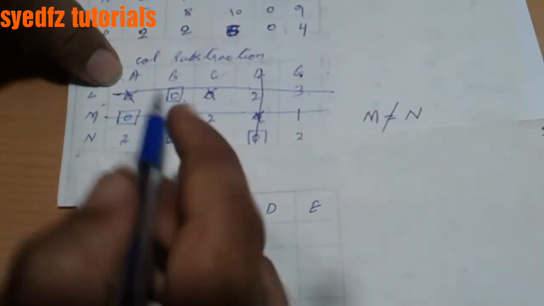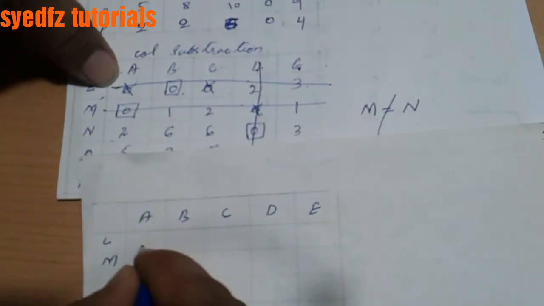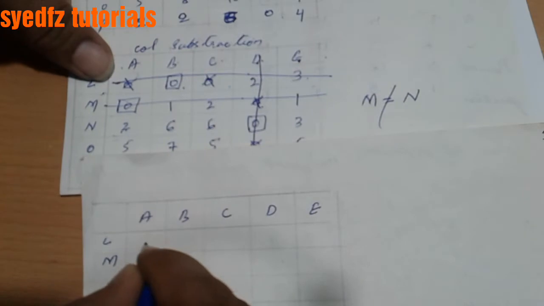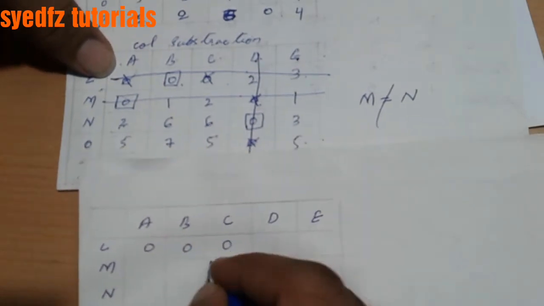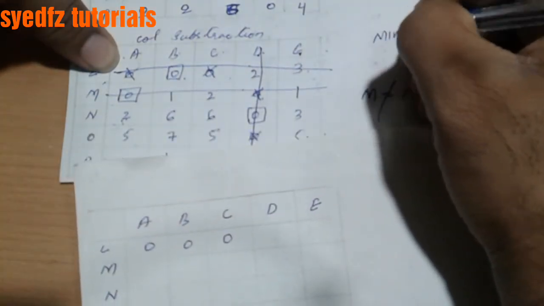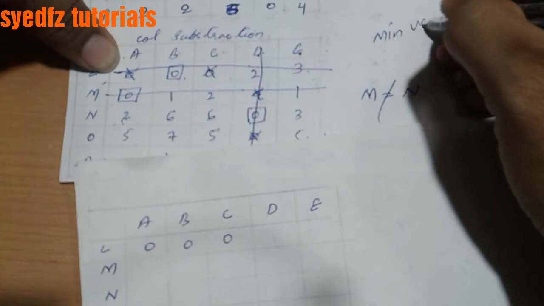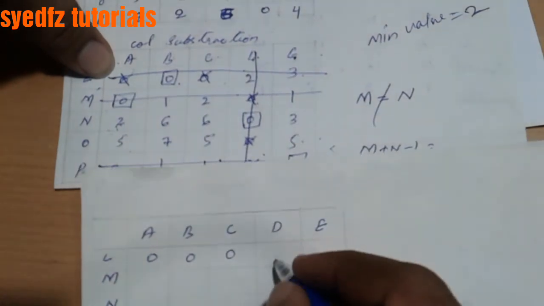Okay, let's draw another table. This 0, it has a single line, so we should not modify this one. Take as it is. 0 0 0 0 0 0. The minimum value is 2. Okay, so it is an intersection point.